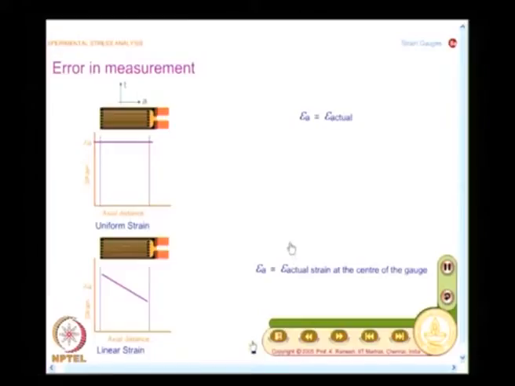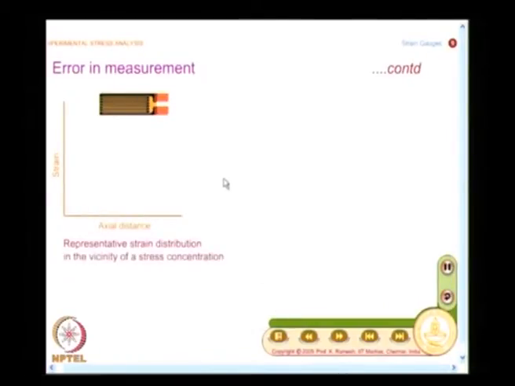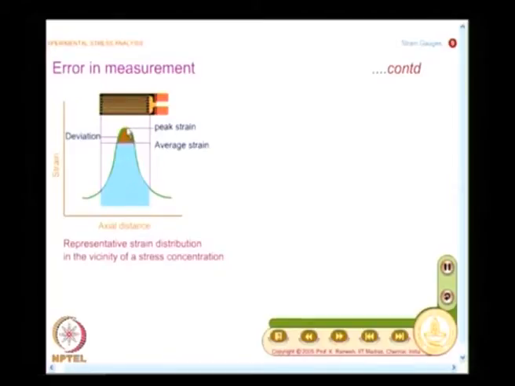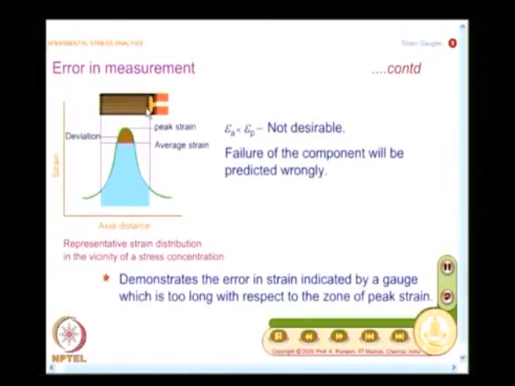Suppose I have a nonlinear variation, which happens in a stress concentration zone, then I have to be very careful. Suppose I have a very sharp change in the strain magnitude, my peak strain is this much, but the strain gauge will measure only an average strain which is much below the peak strain.